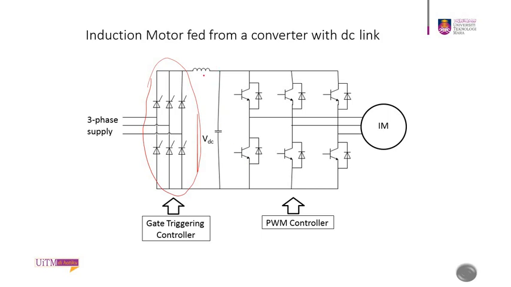After going through the DC link, it goes through the inverter part, where the inverter will invert from DC to AC with the help of the PWM scheme, the PWM controllers.